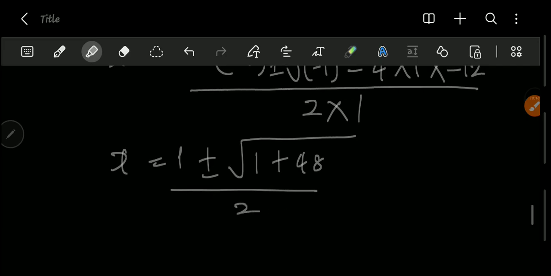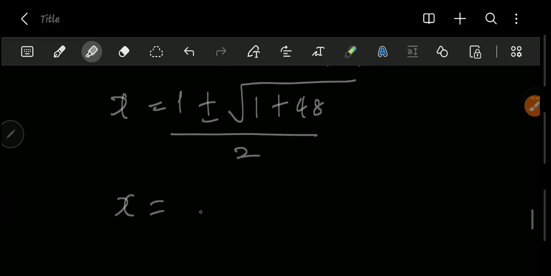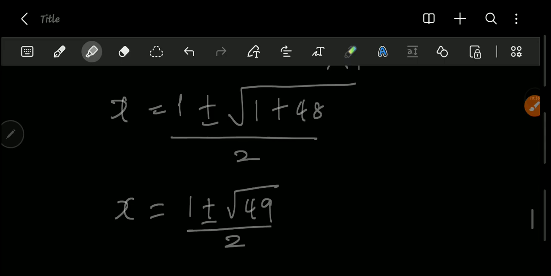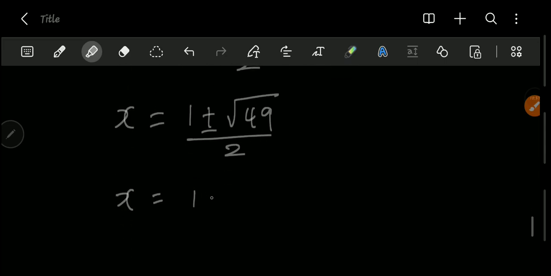All over 2. So x would be equal to 1 plus or minus the square root of 49 over 2, right? And 49 is a perfect square of 7, right? So I have 1 plus or minus 7 over 2.